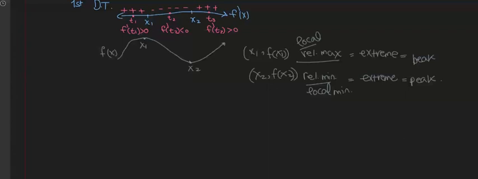There's something I did that some of you noticed and some of you didn't, that we have computed the f of x1 and the f of x2, because there is a very important condition for the critical points that they must belong to the domain of the function.